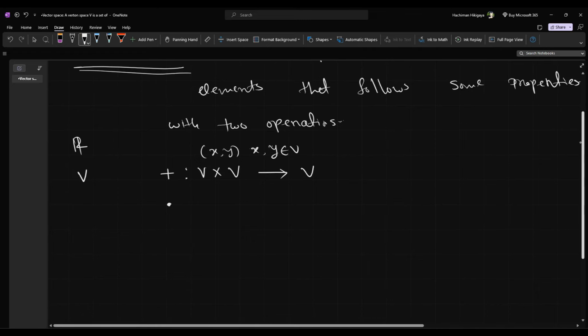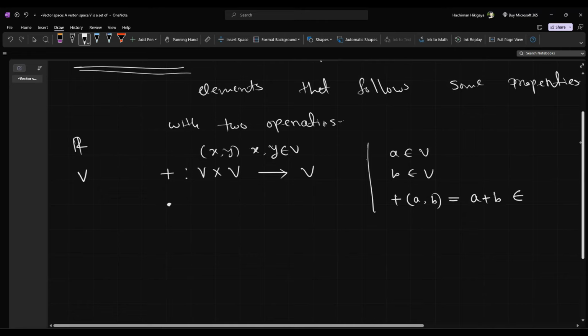So, for example, if we have a in V and b in V, then plus takes (a, b) and maps it to an element a plus b, which belongs to the vector space.